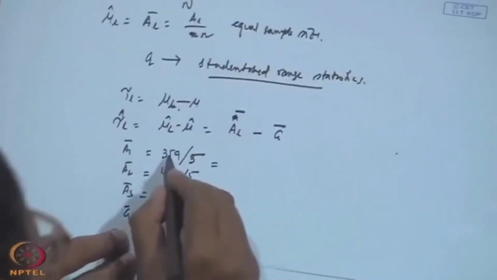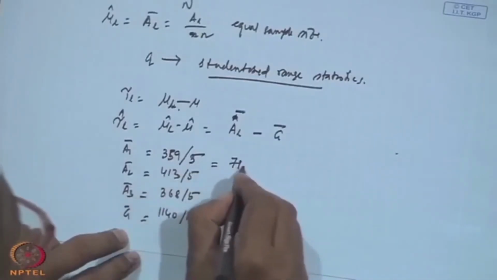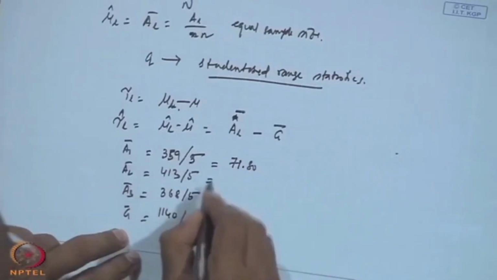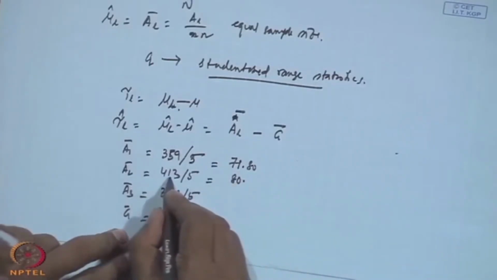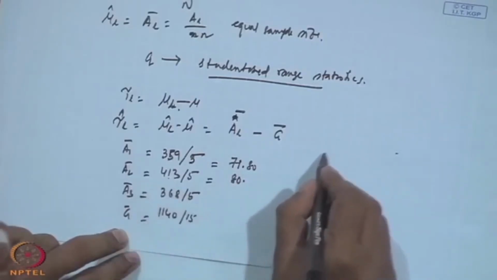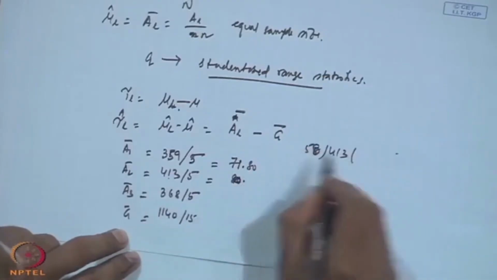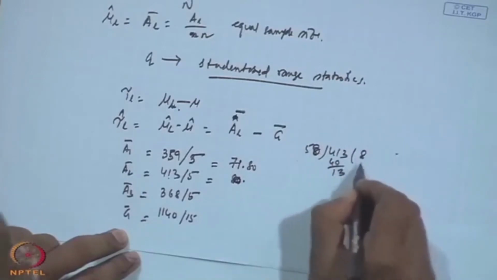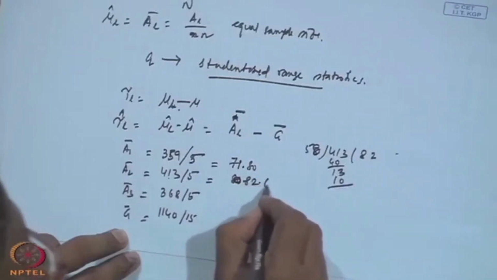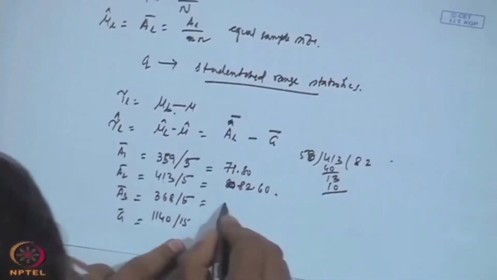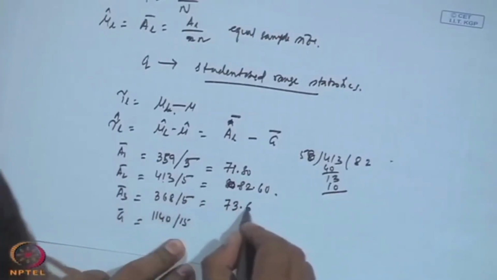What will be this value? 359 by 5 will be 71.80. Second one is 413 by 5, that is 82.60, and this one is 368 by 5, 73.60.